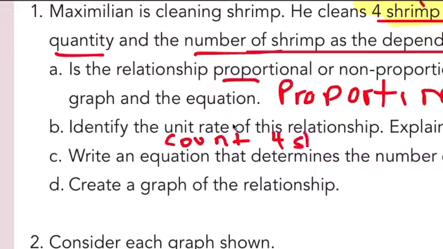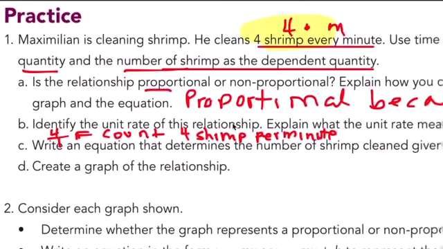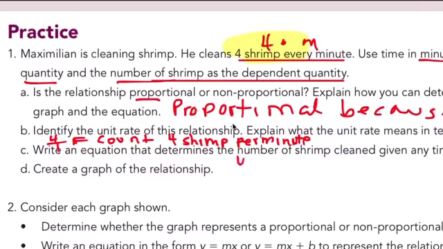Identify the unit rate as 4 over 1, which equals 4 shrimp per minute, for 1 minute. That's why it's over 1. Equation: the number of shrimp he cleaned, y equals 4x. So he cleans 4 shrimp per minute.